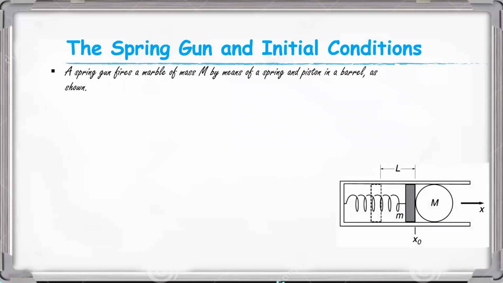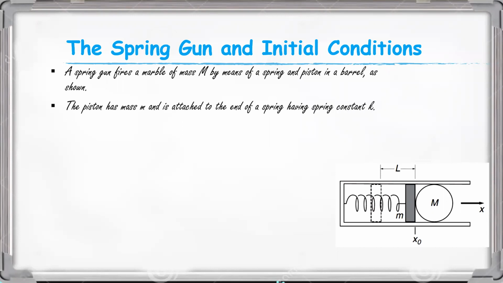A spring gun fires a marble of mass capital M by means of a spring and a piston in a barrel. The piston has mass m and is attached to the end of a spring having spring constant k. The piston and marble are pulled back a distance L from the equilibrium position and released.